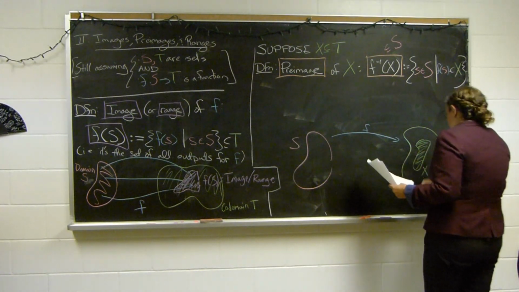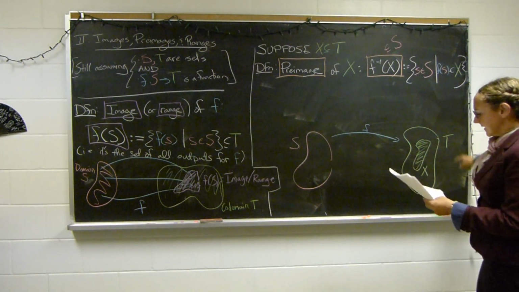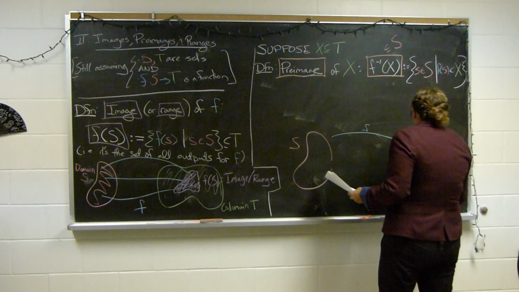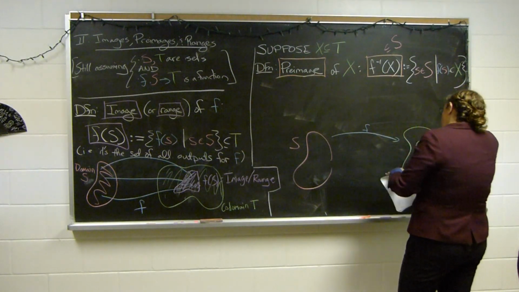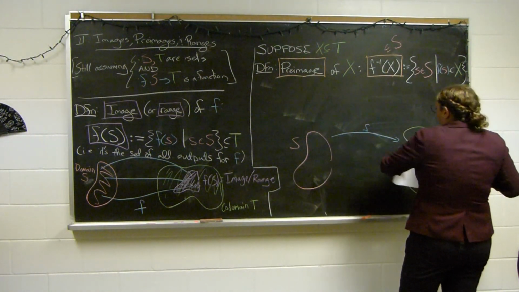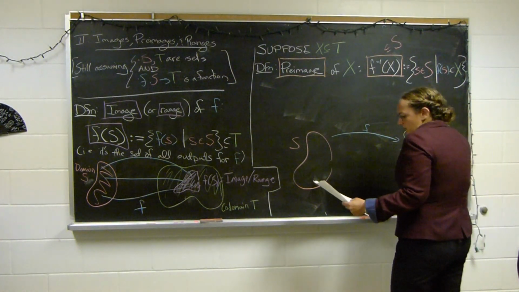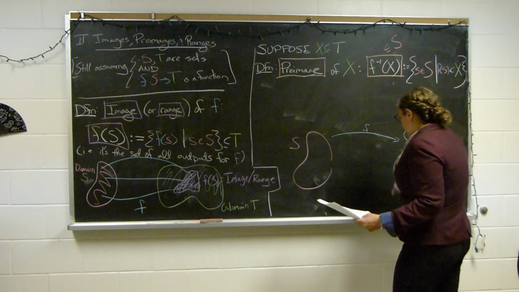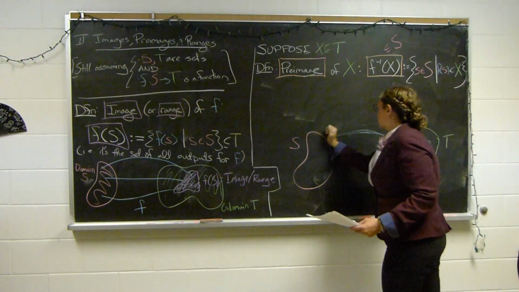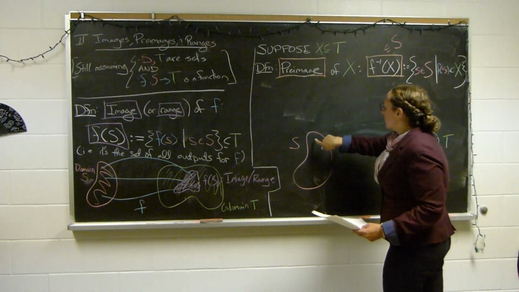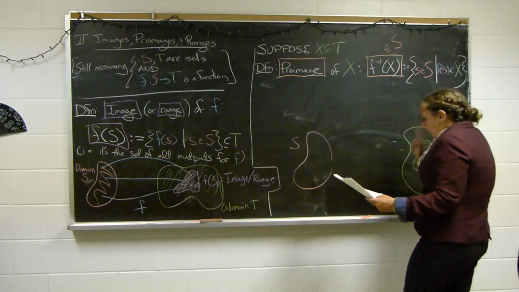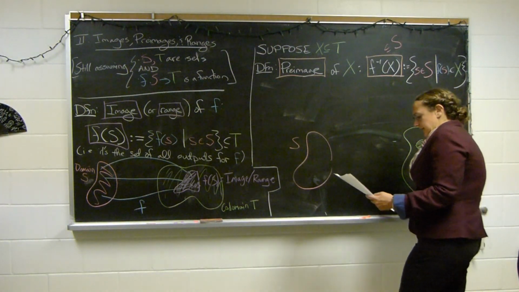And we have this X, which sits inside of T. What I'm interested in is, instead of looking at all of where F hits, I want to go back and look at what goes into here. So for a moment I'm going to erase this. I know that F goes from here to here, but I'm only interested in what lands inside of here.